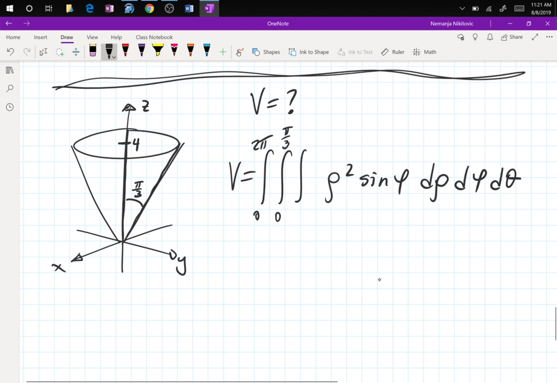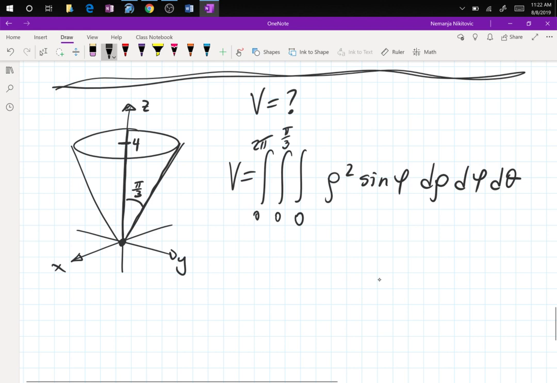The only thing that I need to do is to cut off its top, because rho is a radius that starts at the origin and goes up. So if I just put 0 to a number, it's going to create a spherical rounded top. Okay? But it's a flat plane on top.